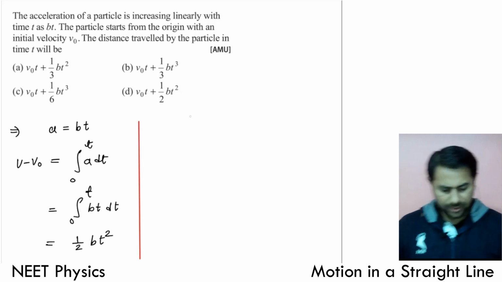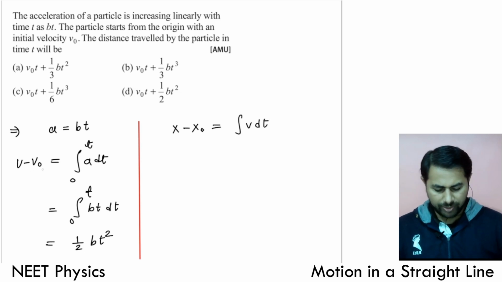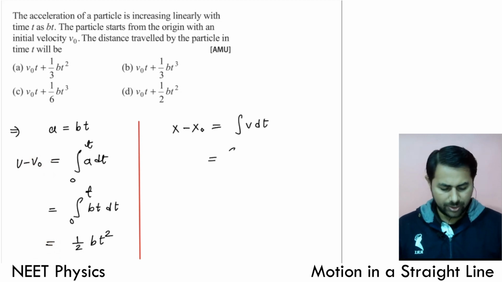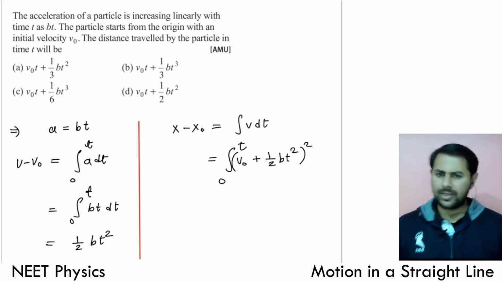And then you want the distance, x minus x naught, which is equal to integration of v dt. So what will be v? Take that v naught on other side. So v is equal to v naught plus half bt square. You need to integrate that.